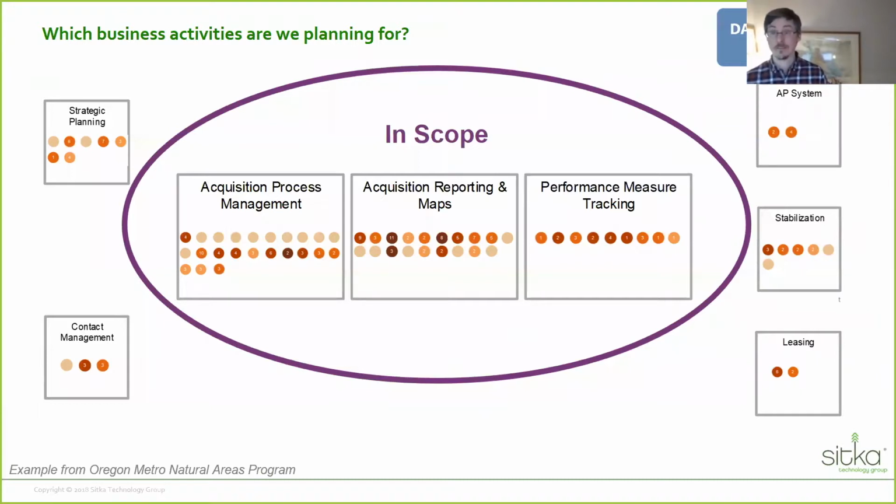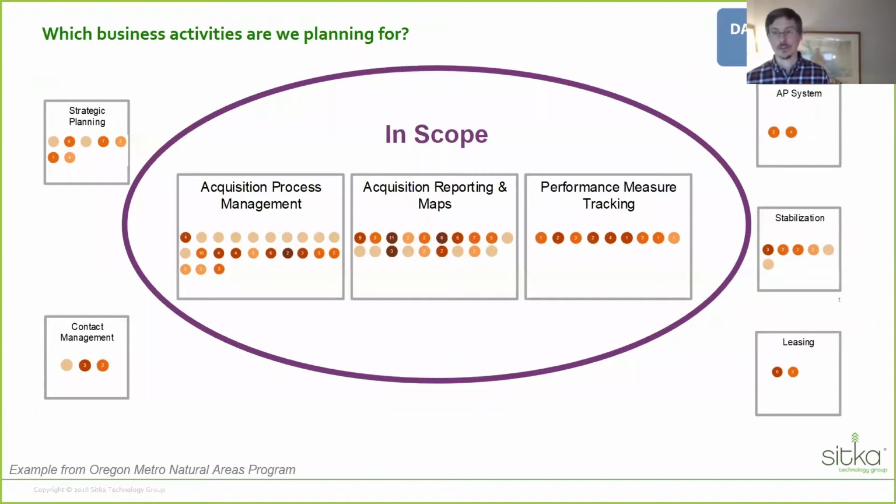So we recommend folks set their scope to include business activities that you can change, plus a few that you would like to be able to change. Be a little aspirational here, but don't go too far.